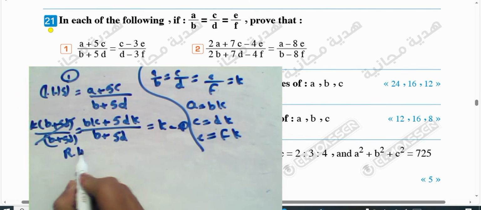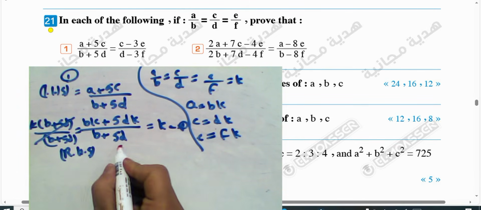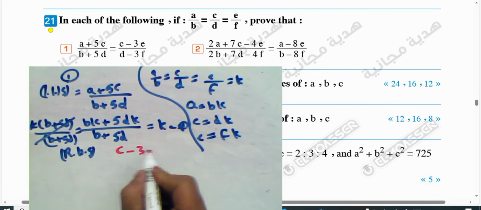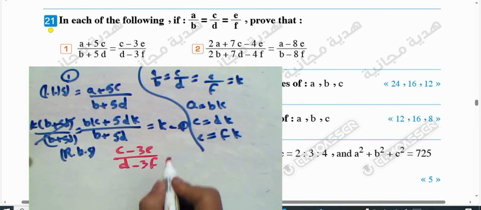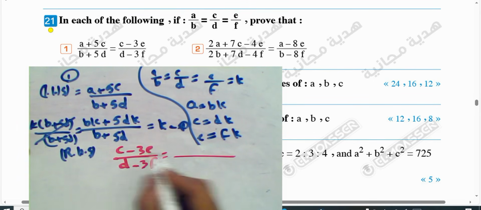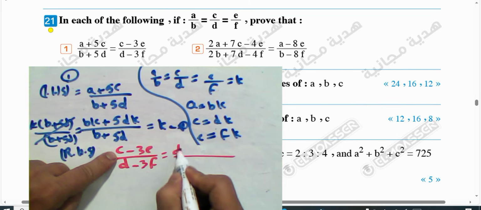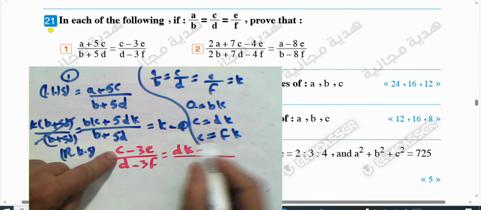Right hand side, we have C subtract 3E over D minus 3F. Okay, put with me here the value of C was DK subtract 3E.